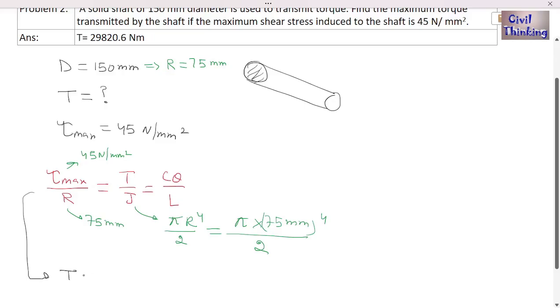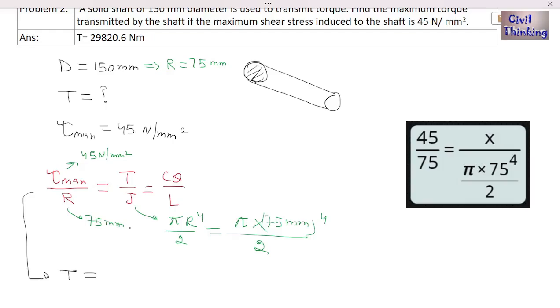In one way I can rearrange this equation and then find the value of T, but that will take a lot of time, so I will just use the scientific calculator and put the values there. We have tau max, 45 divided by R, which is 75, equals.